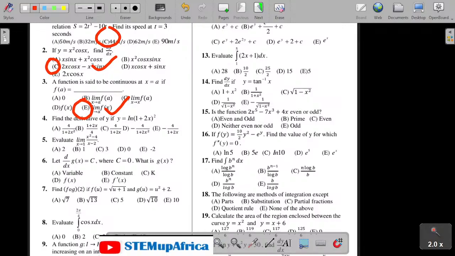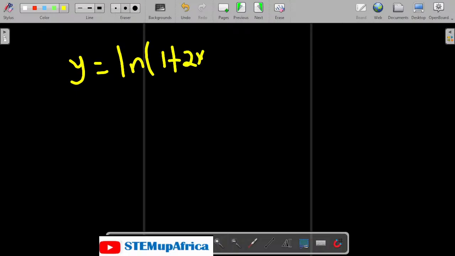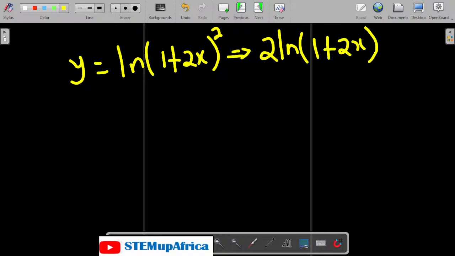It says find the derivative of y if y is ln of (1 plus 2x) squared. I can rewrite this as 2 ln (1 plus 2x), if you apply the concept of logarithm.